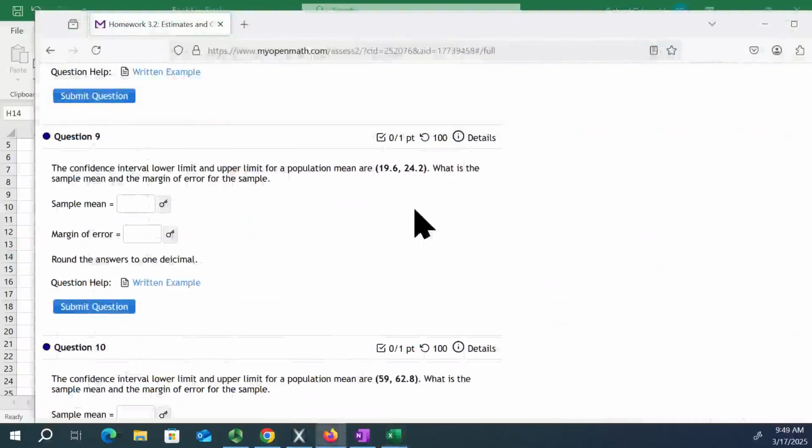That up, that down gives me the 85% confidence interval. The confidence interval lower limit and upper limit for a population mean, and it's the same for a population proportion, are 19.6 to 24.2. That's the lower and the upper end. What is the sample mean?